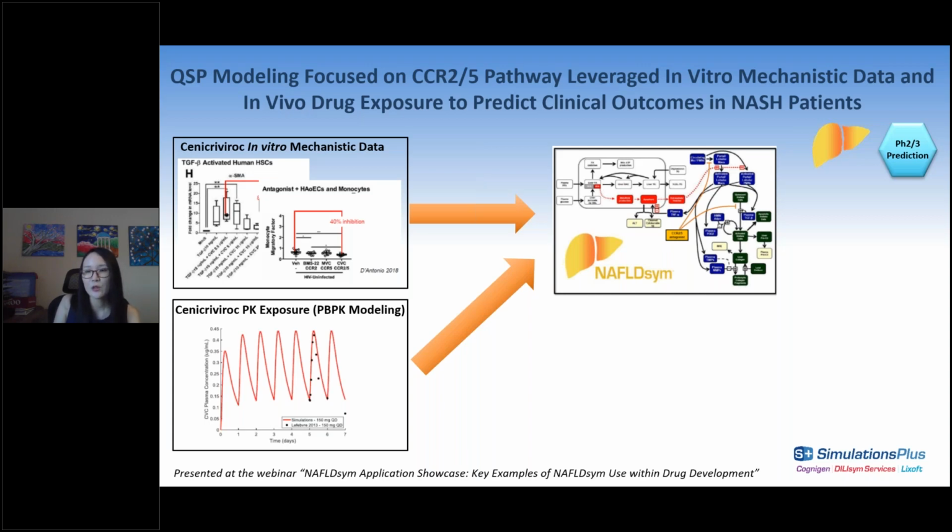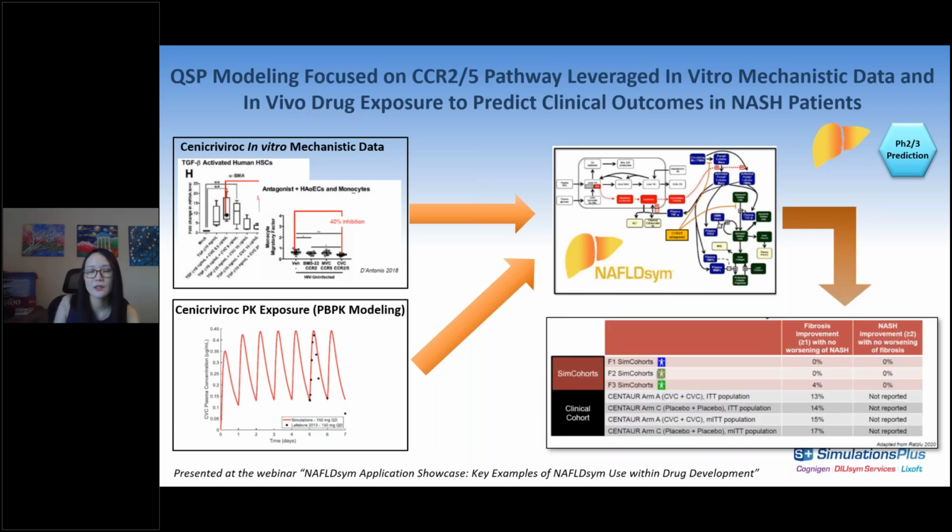And then we ran simulations of the clinical protocol using the NAFLD SimPops with different fibrosis stages. And simulations predicted that it would not provide significant efficacy in improving fibrosis and NASH, as shown in these red boxes here.